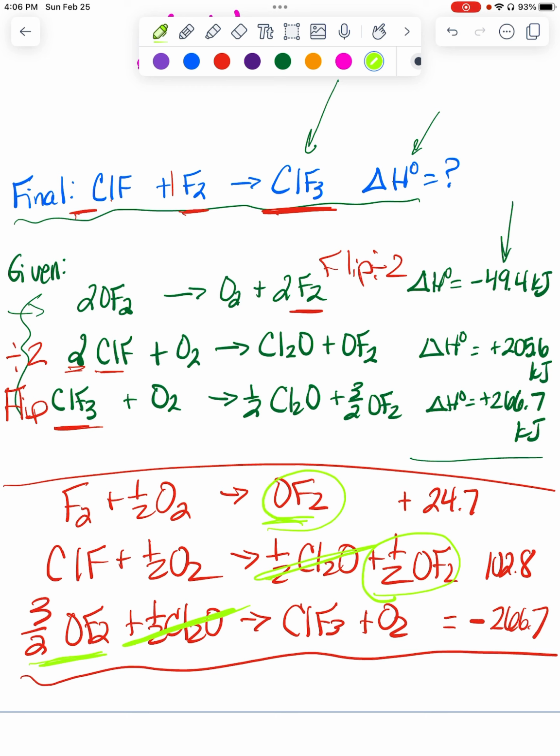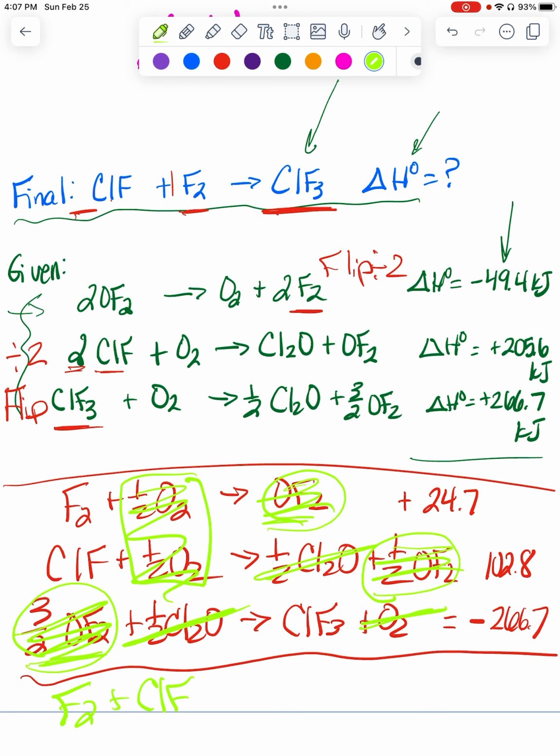A half and 1 is 3 halves. 3 halves, so they all go away. All right. I was getting worried there. Then we have, that adds up to 1. There's 1, so those all go away. All right, so what's left? F2 plus ClF makes ClF3. Is that what we wanted? Hey, yay, we did it.